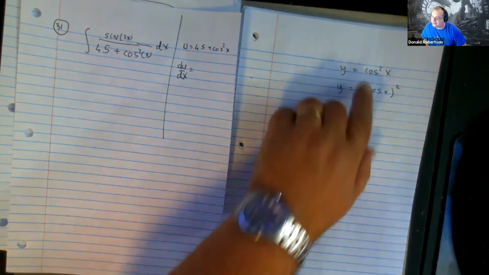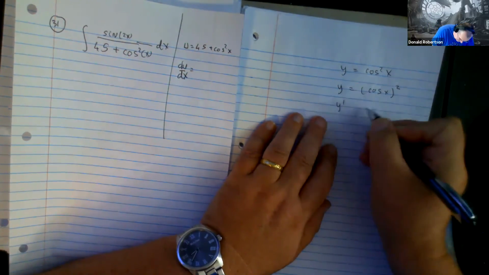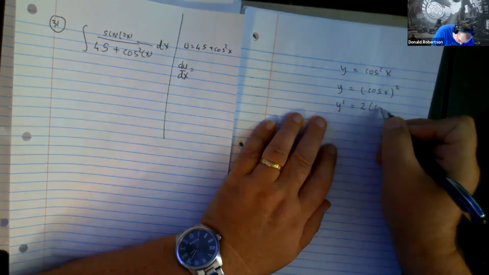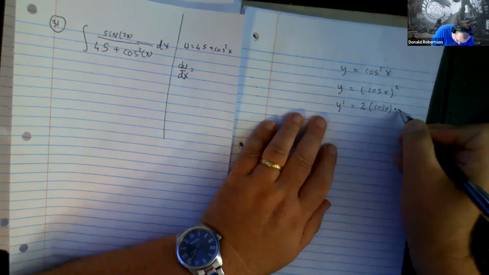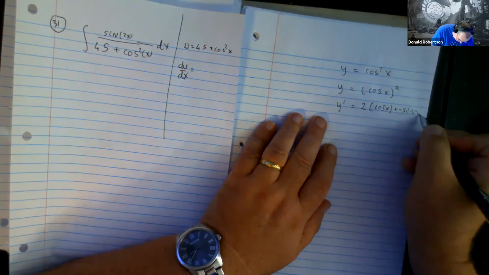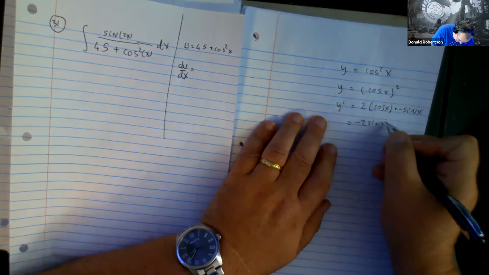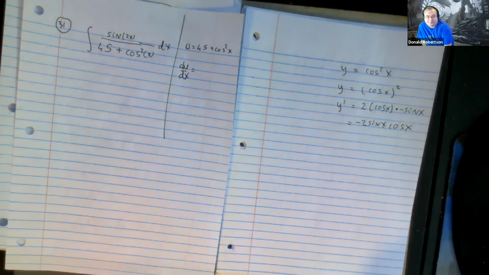That's just a convenience. So when you differentiate this guy, it's a power rule. It's something squared. So it's 2 lots of cosine x, finishing with the derivative of cosine x, which is negative sine x, which means the derivative is actually that guy. Are you comfortable with that?